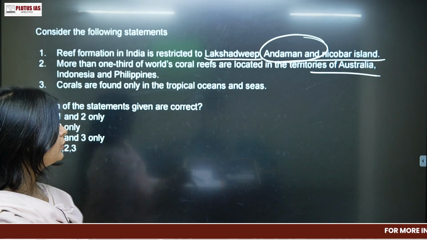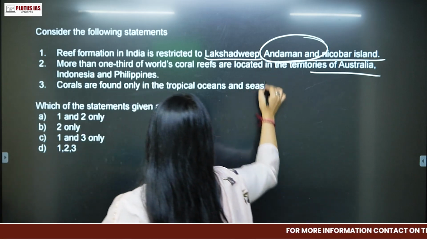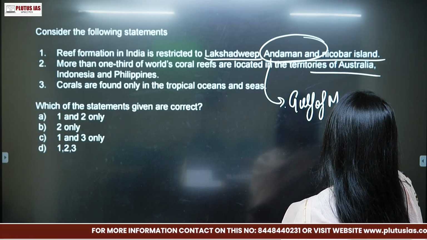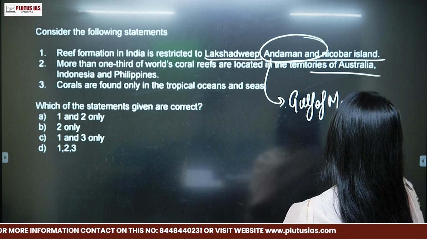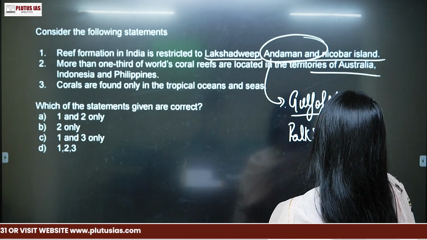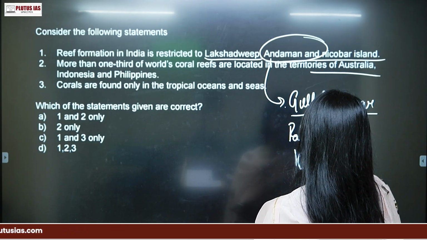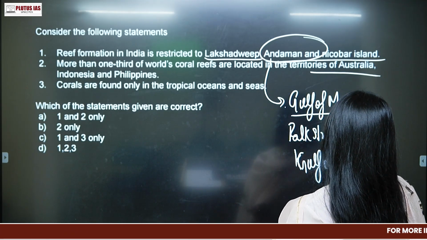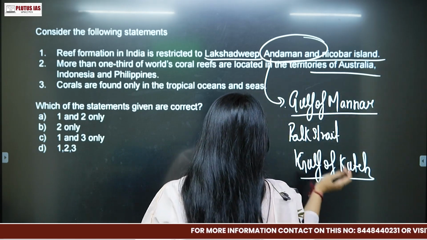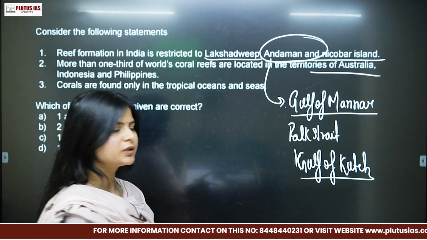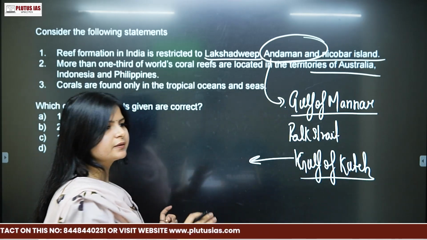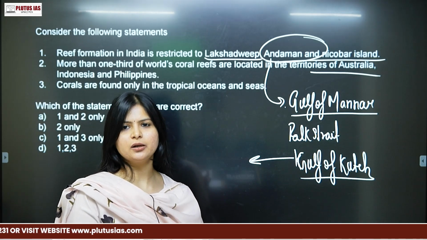They are found also in the Gulf of Mannar, in Palk Strait, in the Gulf of Kutch, right? Now, why not the Gulf of Khambat? The reason is that coral reefs cannot survive in very narrow and shallow areas.